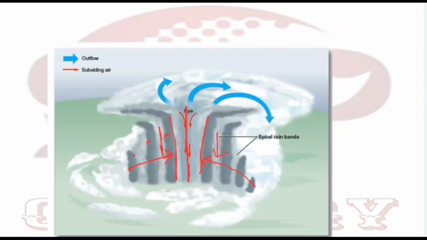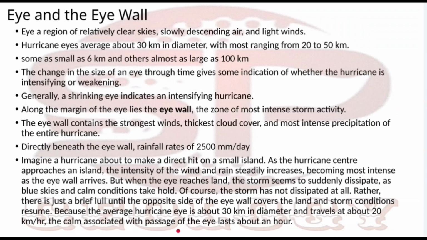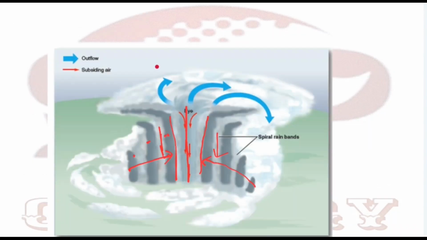It is a very calm zone, and the size of the eye also determines the intensity. If the eye is very small, generally a shrinking eye, that indicates an intensifying hurricane or cyclone. The eye is about 40 km in diameter, ranging from 20 to 50 km. So this is the structure of a cyclone.